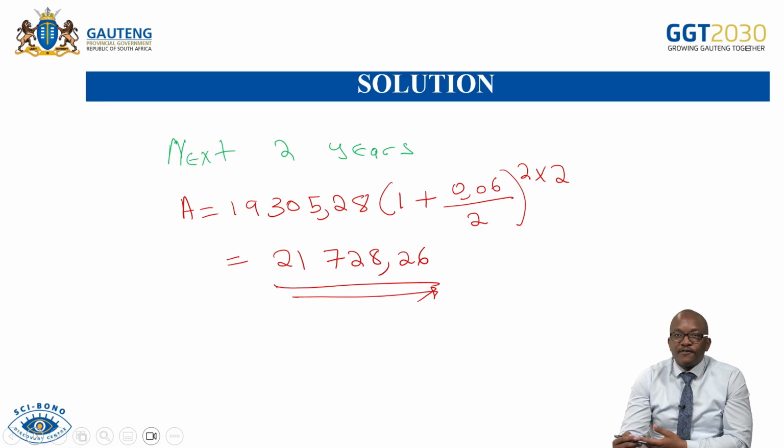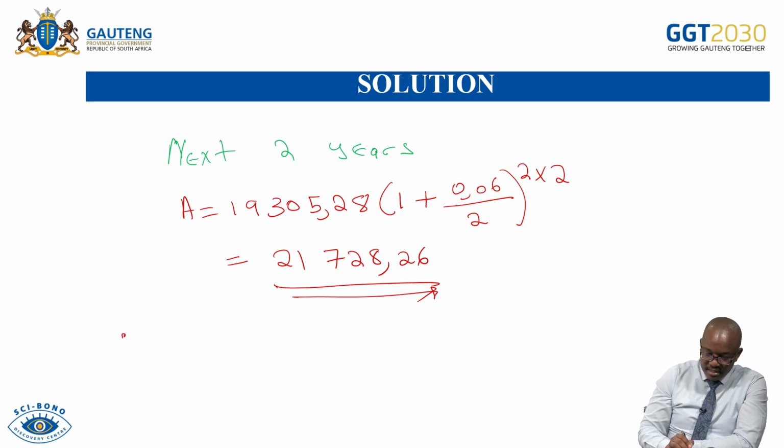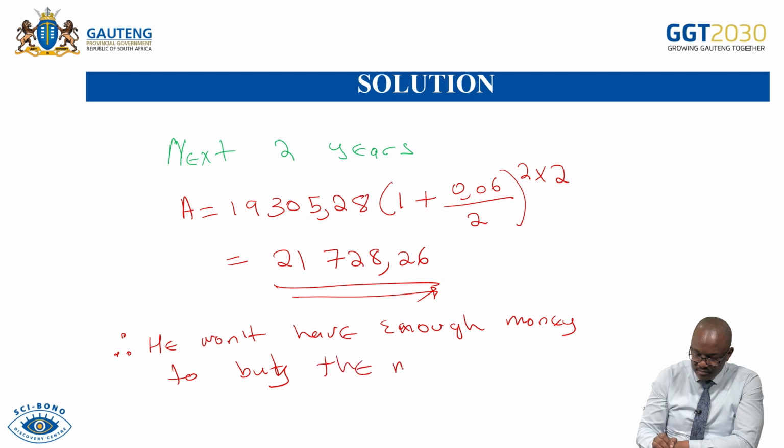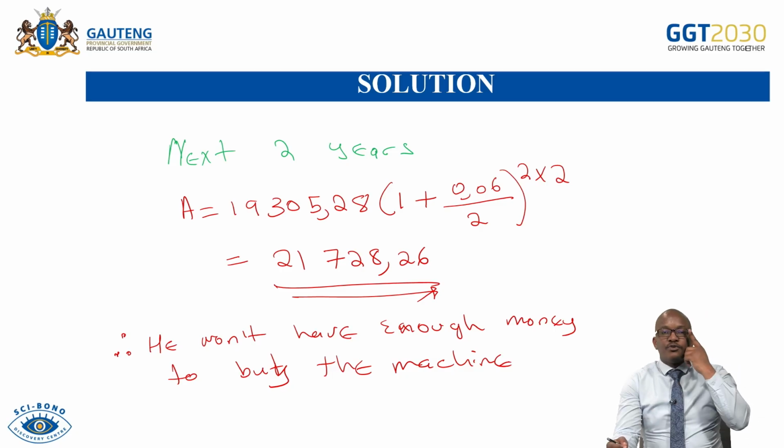So now you have to conclude. You could say, therefore, it means that he won't have enough money to buy the machine. So that's how you can conclude.